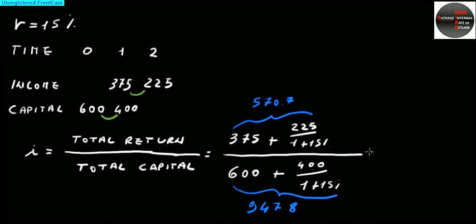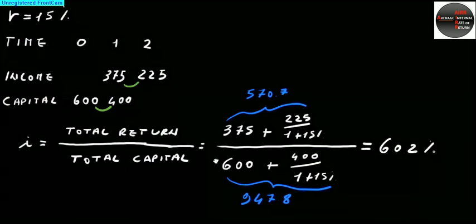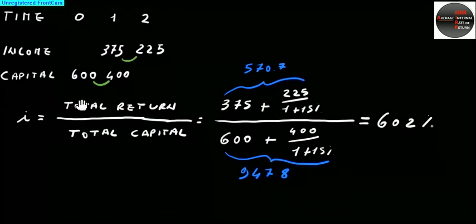The result is 60.2%. And 60.2% is greater than the cost of capital. This is greater than 15%.